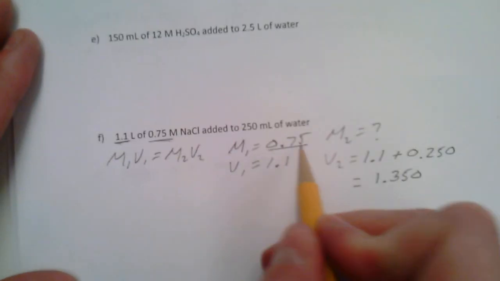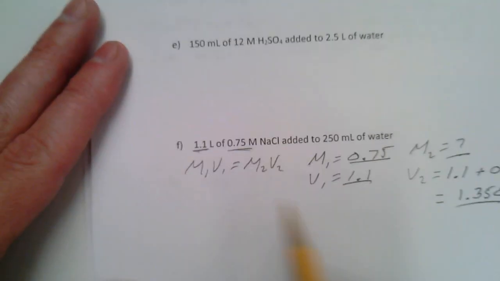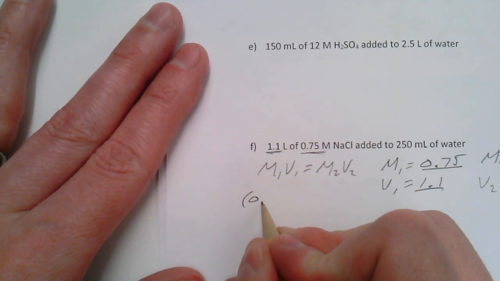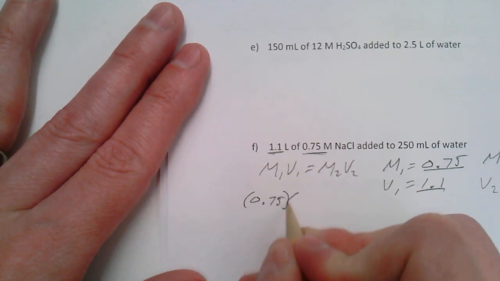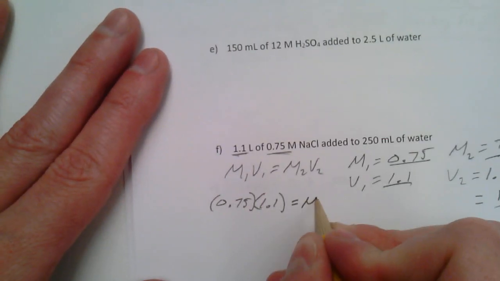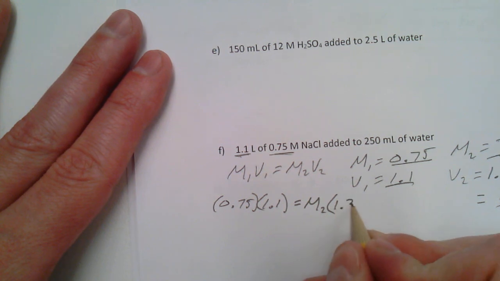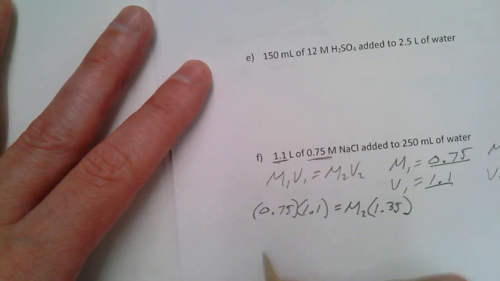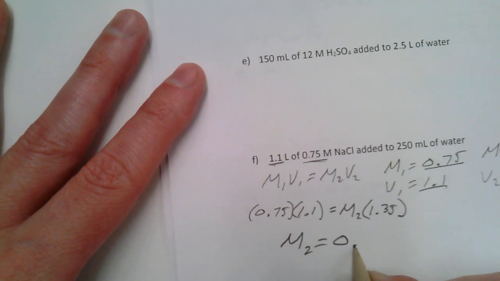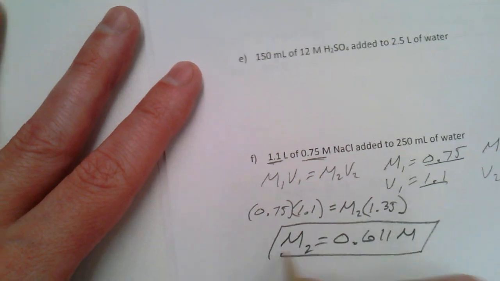So now, M1, V1, M2, V2, you just plug it into this equation right here. So M1, 0.75, times V1, 1.1, equals M2, what we're trying to solve for, times V2, 1.35. Do a little bit of algebra there, and you get your final answer of 0.611, and that's our answer.